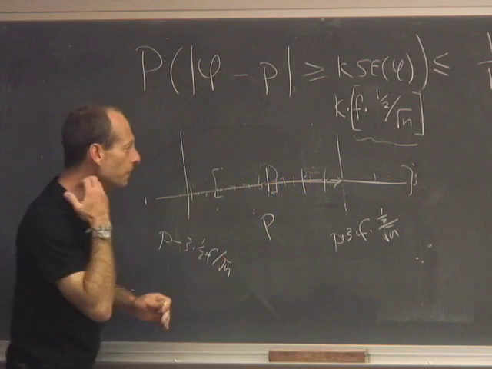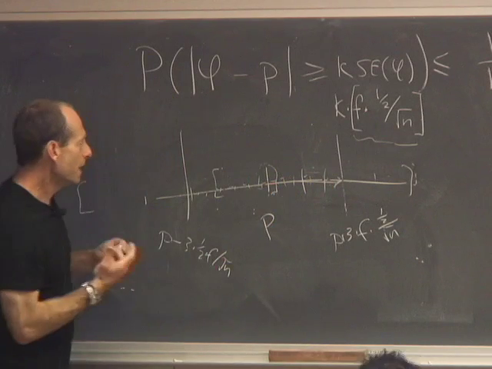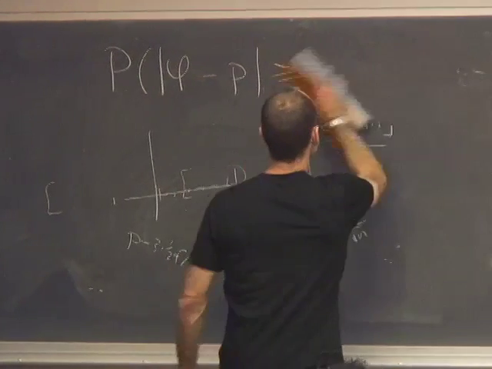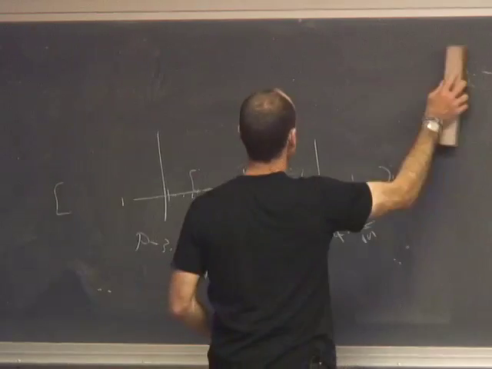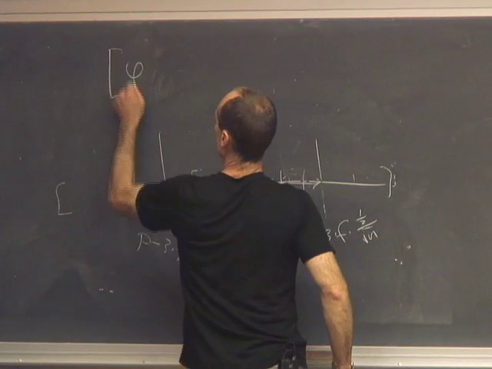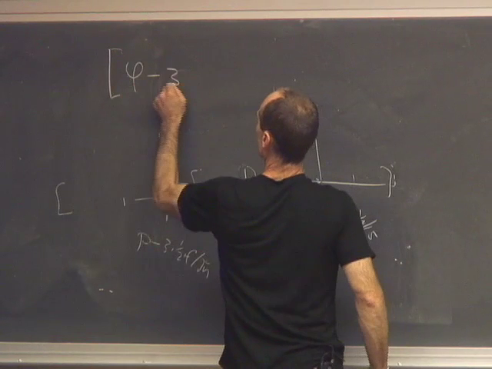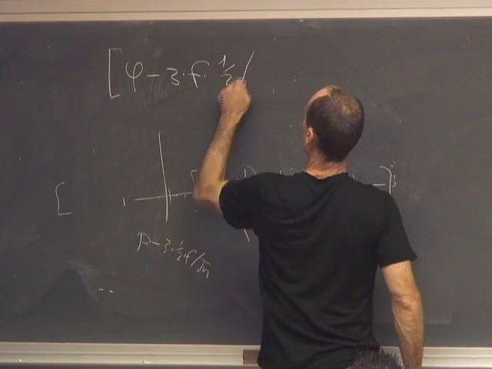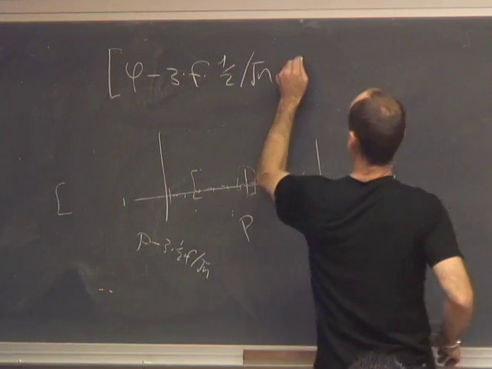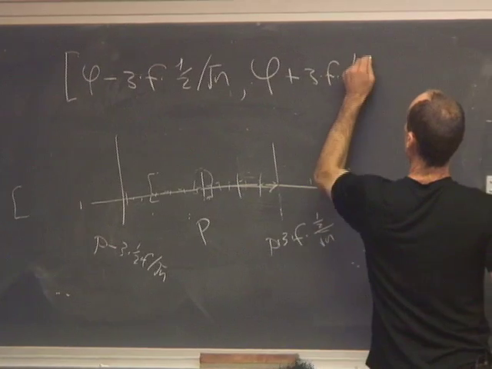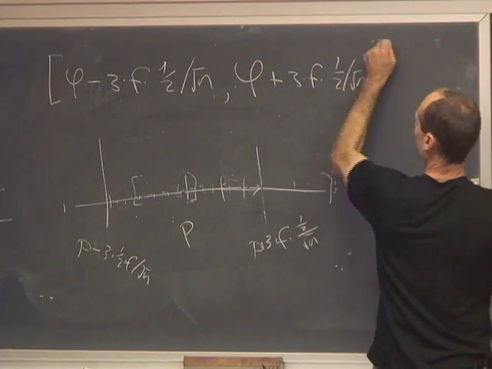Okay? So if I report it as my interval, the lower endpoint is this minus 3 times f times a half divided by the square root of n, and as the upper endpoint of the interval, phi plus 3 times f times a half over root n.